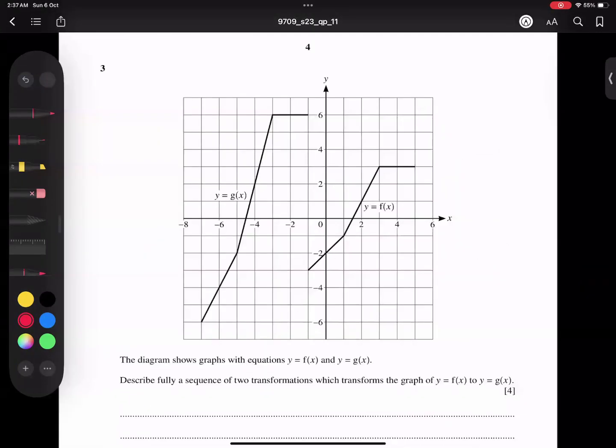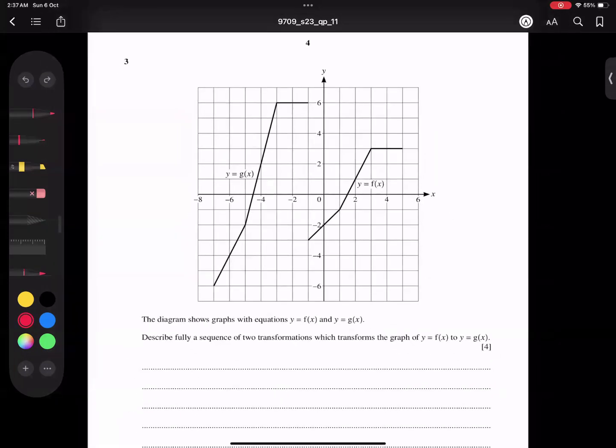There's another question we have, student June 23, first variant. What is the question? It says two transformations which map F onto G. This is shifting onto this. I think this diagram is very clear: if I drag it 1, 2, 3, 4, 5, 6, then I think it becomes aligned, you see.